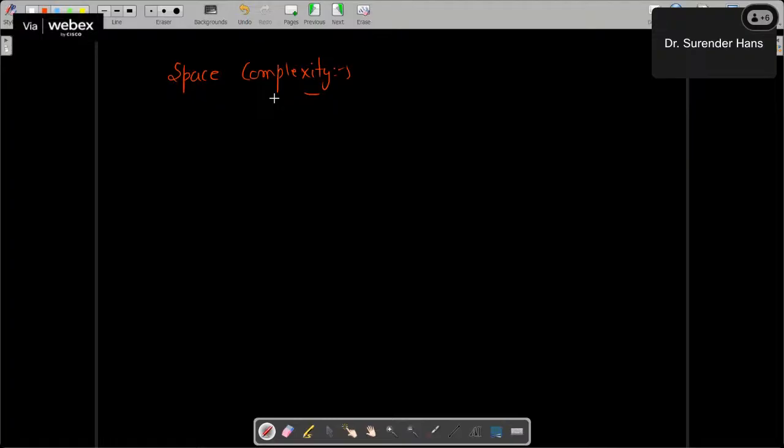If any algorithm runs on the data set, how much RAM it will use, that is the space complexity. Okay, so the space complexity of this hierarchical agglomerative method is n square.